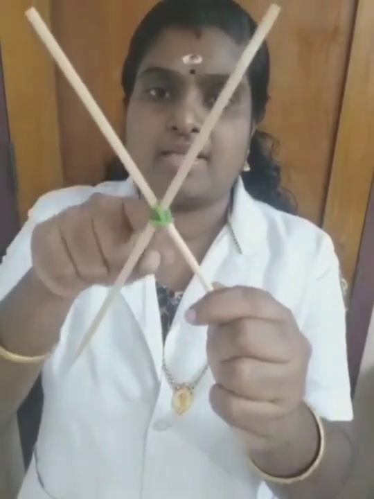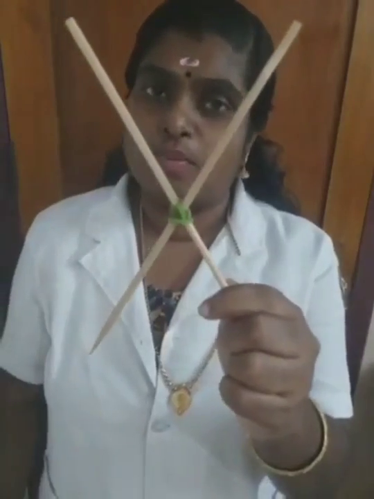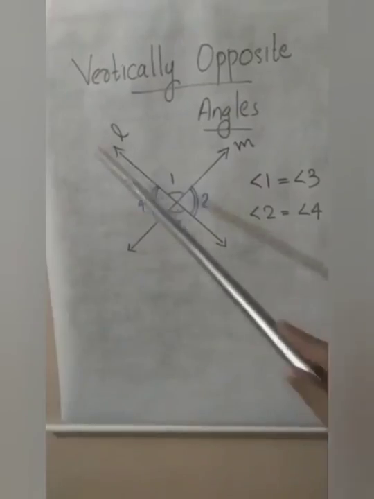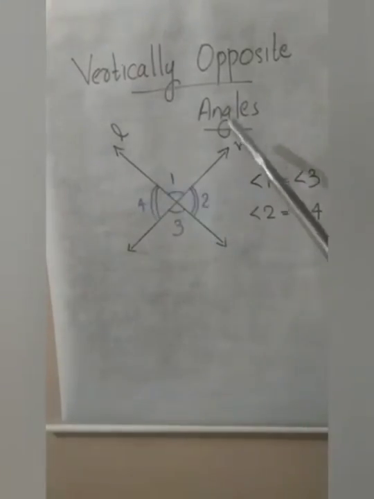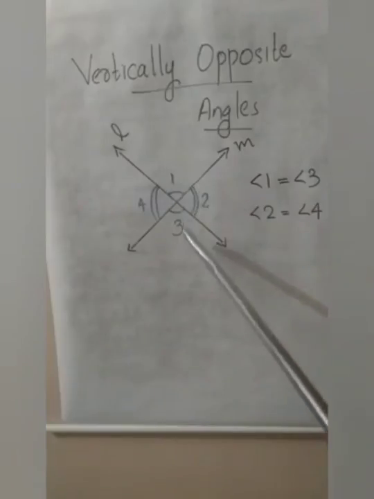Understood what vertically opposite angles are? By seeing this itself, these two angles are vertically opposite angles, and these two angles are vertically opposite angles. So what are vertically opposite angles? When two lines, here L and M, intersect at a common point, 4 angles are formed: 1, 2, 3, 4.